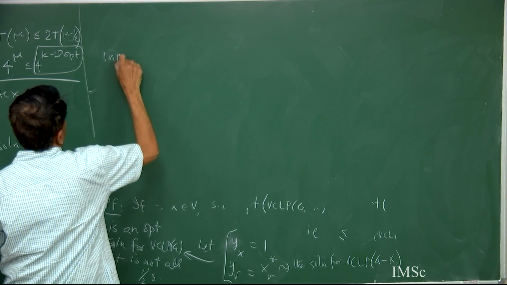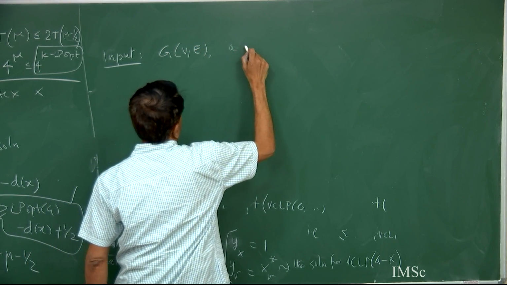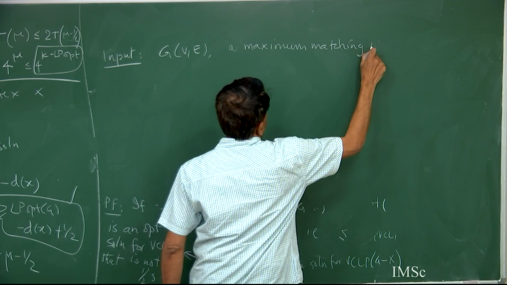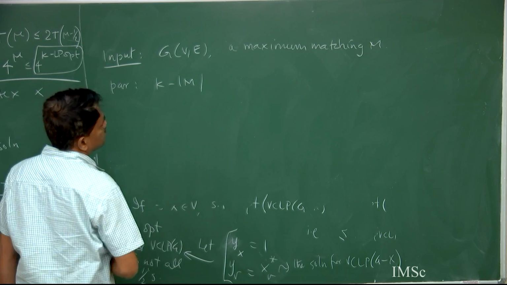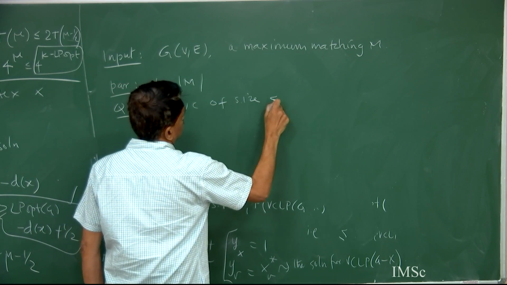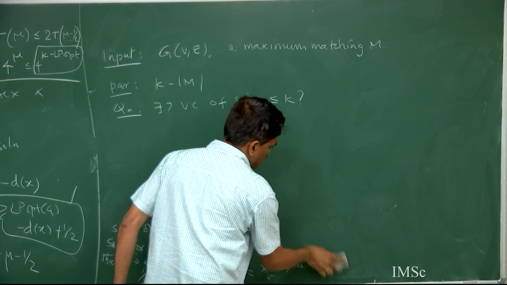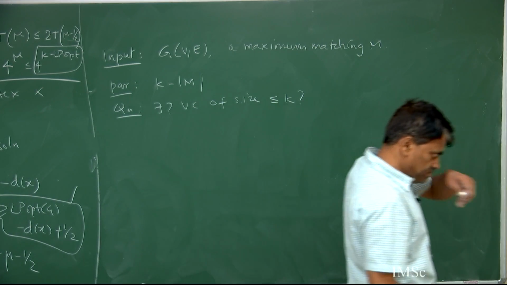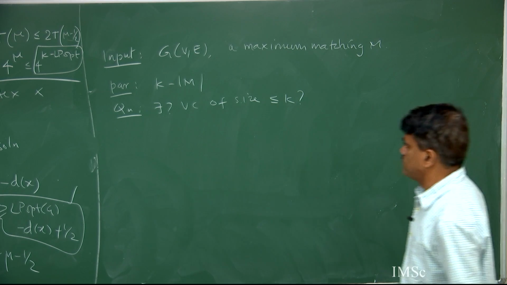So I have the input, my parameter is k minus the size of this matching, and the question is the same.